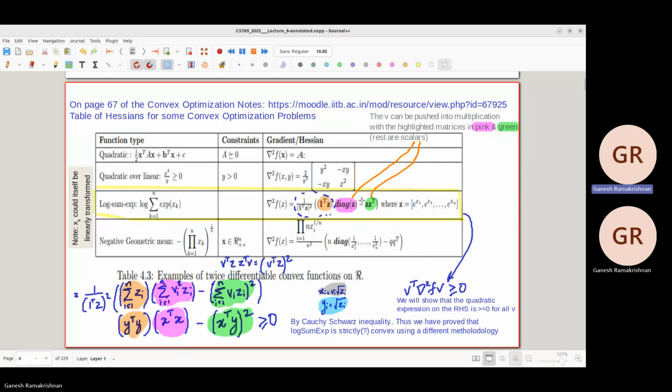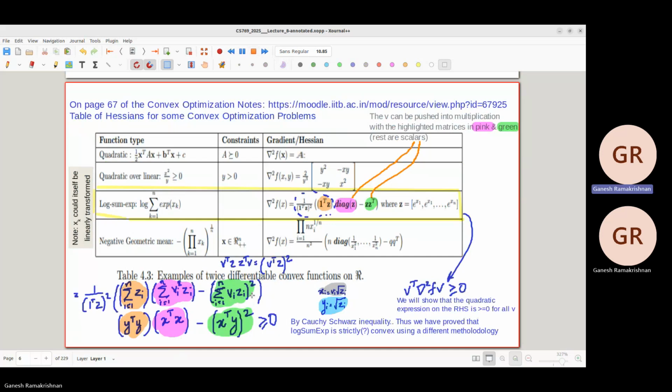For the pink part, v transpose diag z v, it will basically be a summation over i of vi squared zi. So this pink part is very simple. The green part requires v transpose zz transpose v, which is (v transpose z) whole squared, and that will give you the summation over i of (vi zi) whole squared.